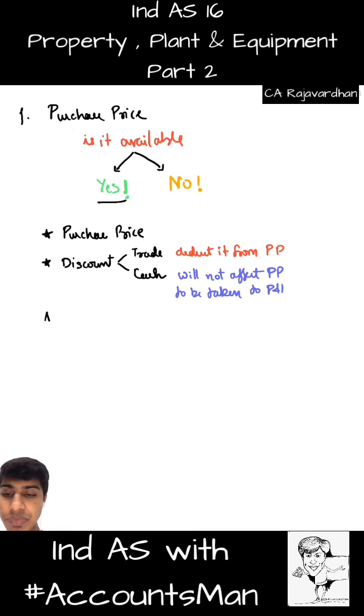We'll go to the third one, that is with respect to tax. Tax is a bigger word, cannot be discussed as a whole. We need to break it down into two categories. Input tax credit is available, and input tax credit is not available. If input tax credit is available, that is like reimbursement. I am paying to the government now and I'll collect it later.